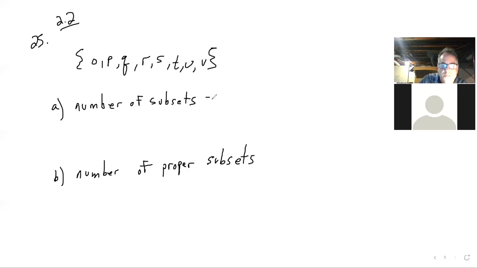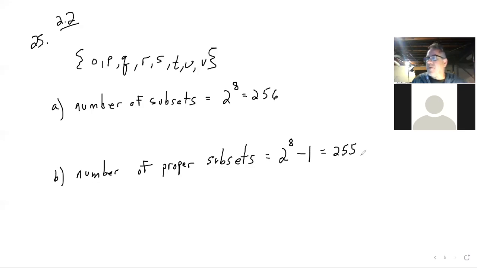So the number of subsets would be 2 to the 8th power, which is 256. 2 multiplied by itself 8 times is 256. Then remember, the number of proper subsets is 2 to the power of the cardinality of the set, but then take away 1. So it's 255. Questions on that?